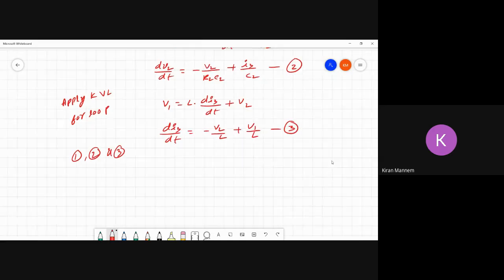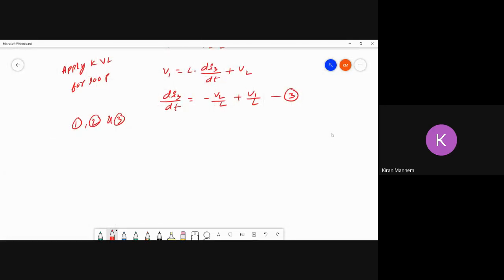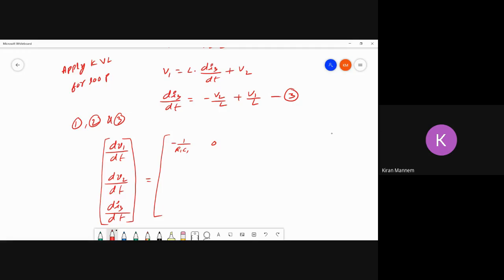I can write dV1 by dt, dV2 by dt, dI3 by dt equal to: minus 1 by R1 C1, 0, and so on, with 1 by L in the last row.